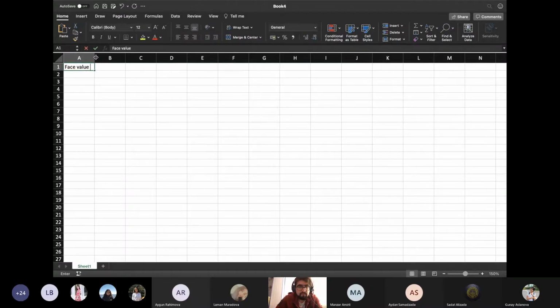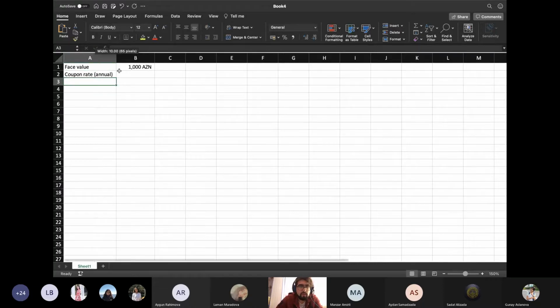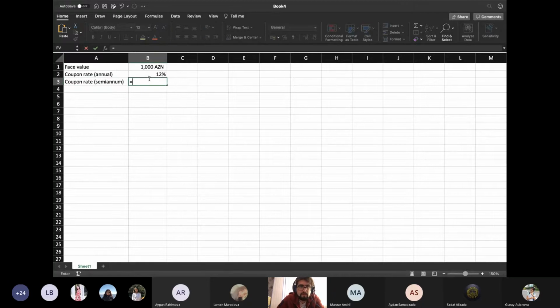Face value 1,000 AZN. Coupon rate, but annual coupon rate 12%. So it means semi-annual coupon rate is 12% divided by 2.